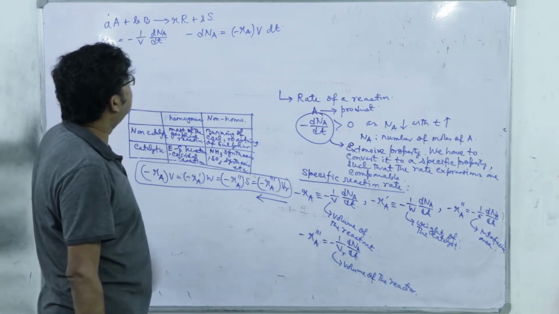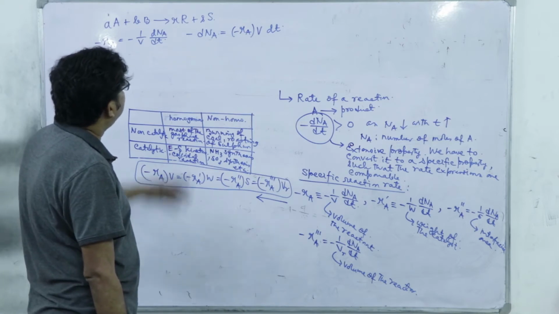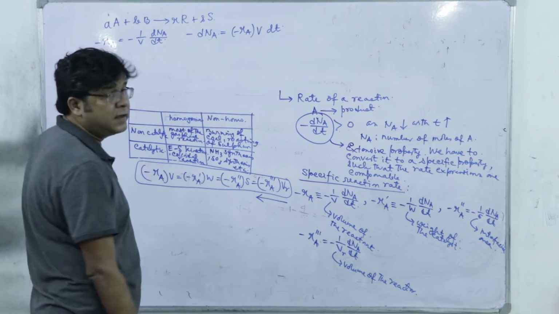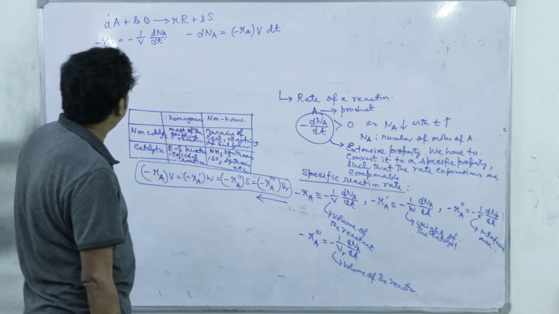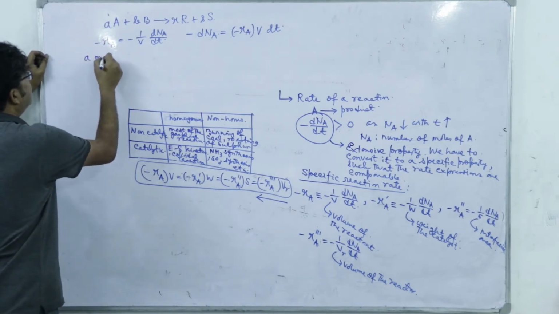So, if I integrate this, I will get how this number of moles of A is changing with time, right, for a fixed or variable volume.